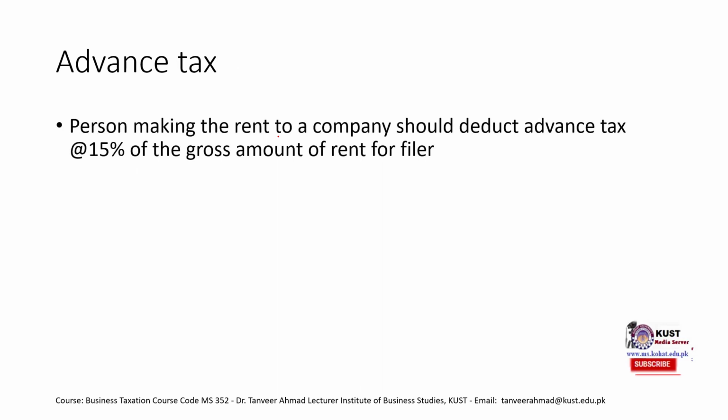Okay, so starting with advance taxation. Let's just say a company rented out a property to Mr. A and the rent is, let's say yearly, 1 lakh rupees. Now, irrespective of what tax the company would pay, the rule says that Mr. A, rather than paying 1 lakh rupees to the company, would pay a lesser amount.